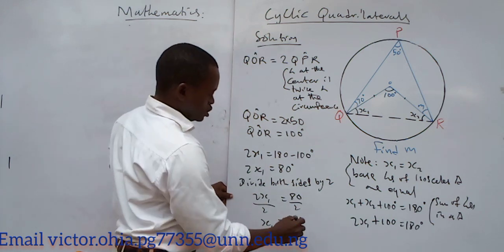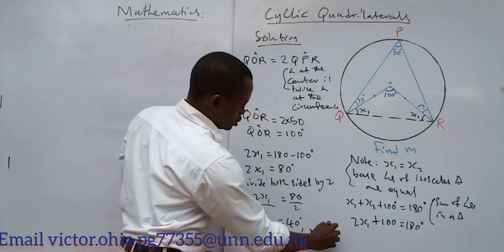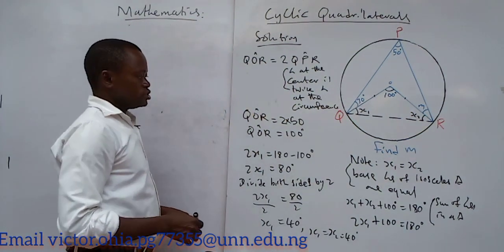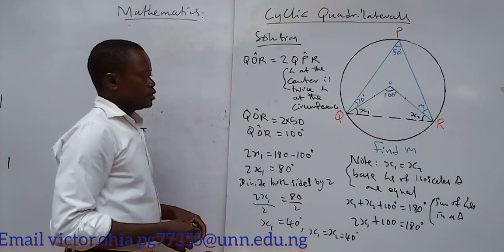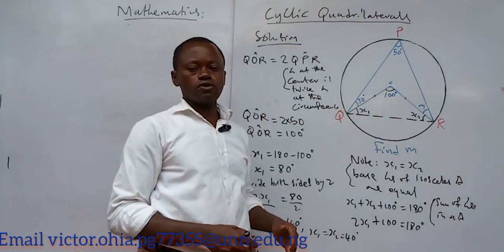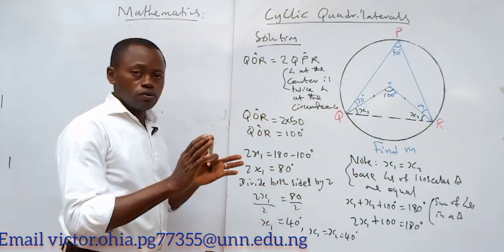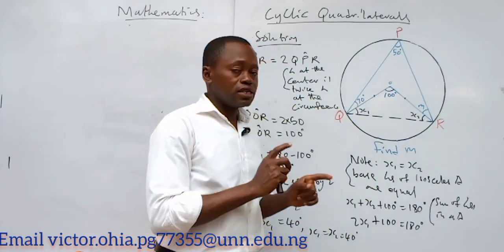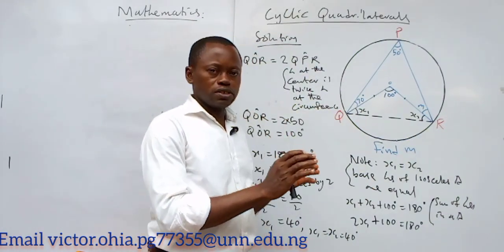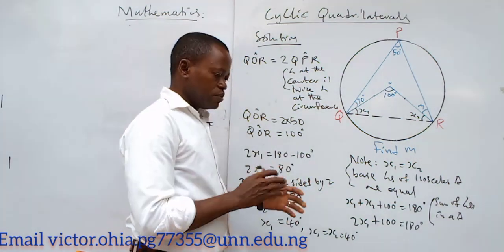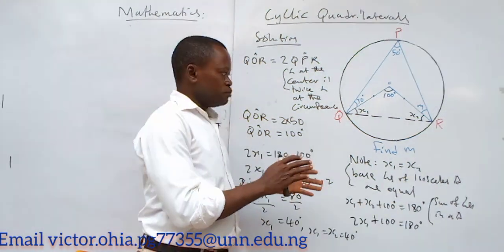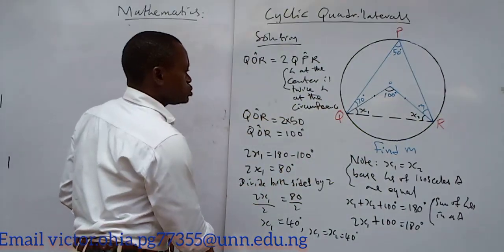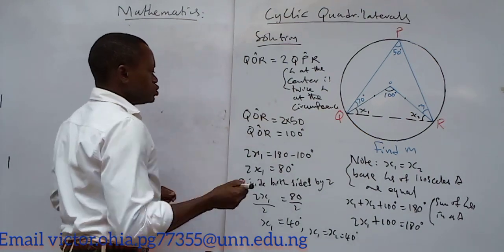So you see that x1, which is equal to x2, is equal to 40 degrees. That means here is 40 degrees and here is also 40 degrees. We have not reached there, but we are gradually advancing. You take a step, you take a step, and those step by step procedures will definitely lead you to the solution to the major problem you want to solve.